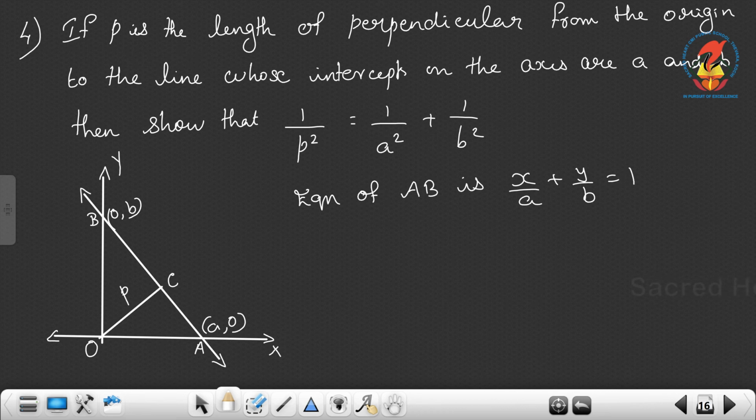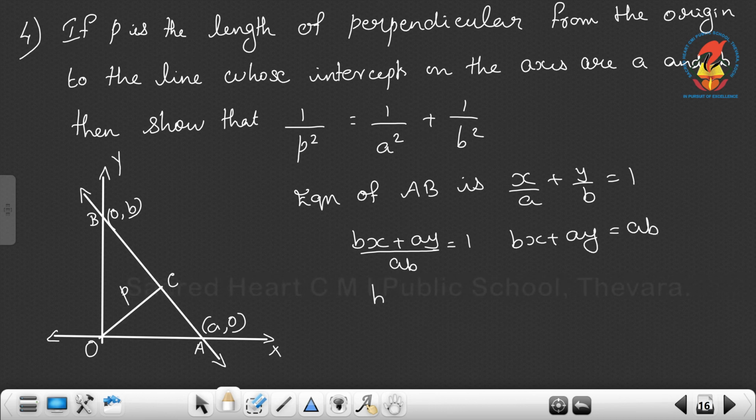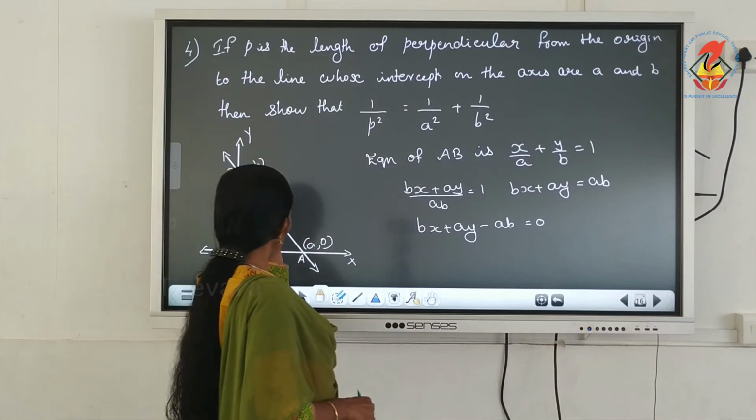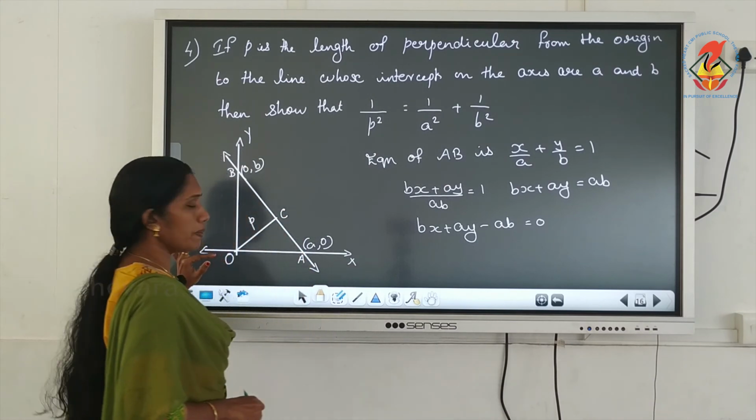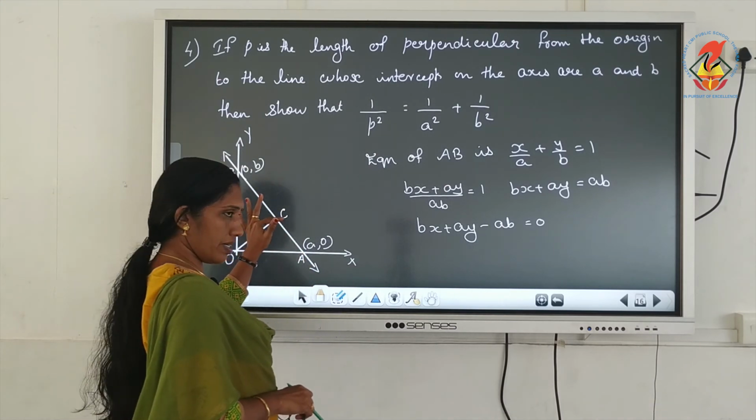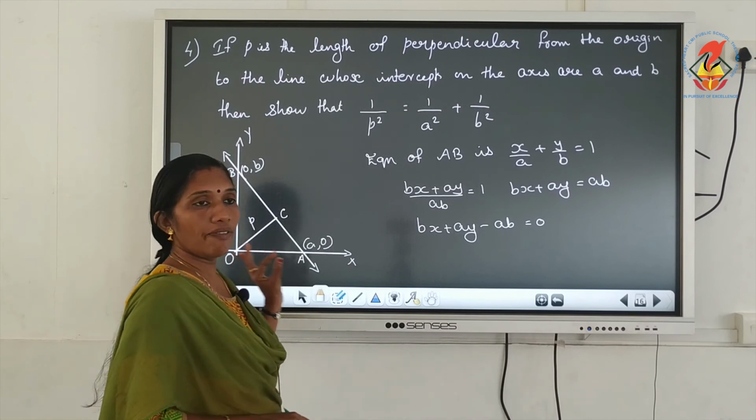This is not in general form, so just cross multiply: bx plus ay by ab is 1, or bx plus ay is equal to ab, or bx plus ay minus ab is equal to 0. So this is the equation of AB. And to this AB there is a perpendicular from the origin and its distance is given.